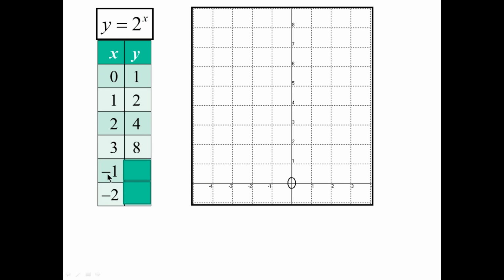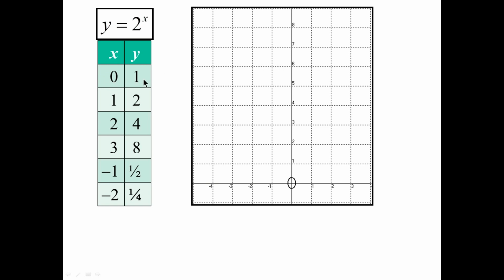Suppose we tried some negative numbers. Let's take 2 to the minus 1. Subbing in minus 1 for x, 2 to the minus 1 is 1 over 2. While if we tried minus 2, 2 to the minus 2 is 1 over 2 squared, and that's 1 over 4.